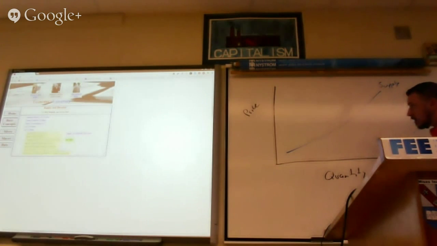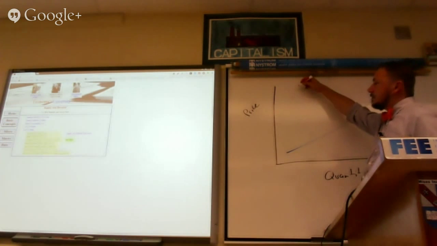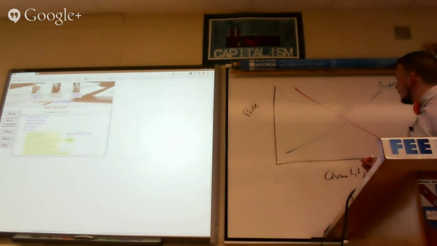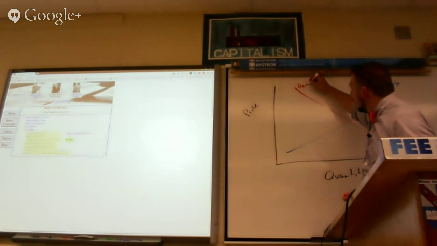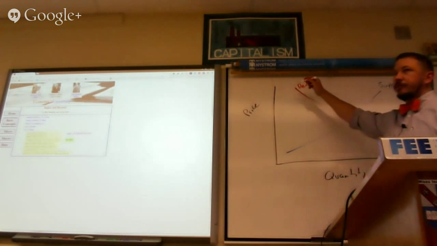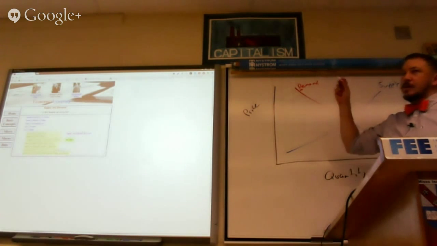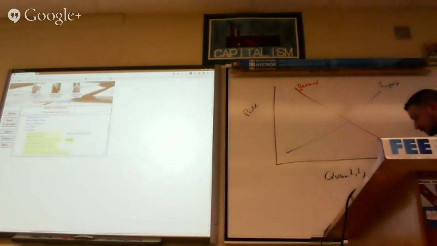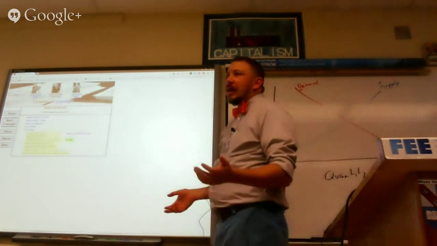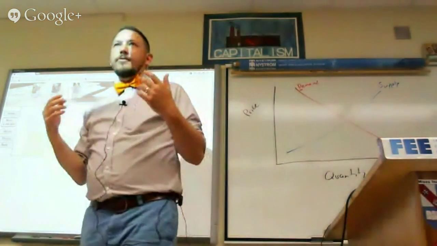We draw another curve, and it's going to have almost the opposite slope. It's going to go like this, and this is our demand curve. And how do we know this is our demand curve? Which way is it sloping? Negative. Down. Yes, it has a negative slope. And what is supply? What's the general rule of our supply curve?